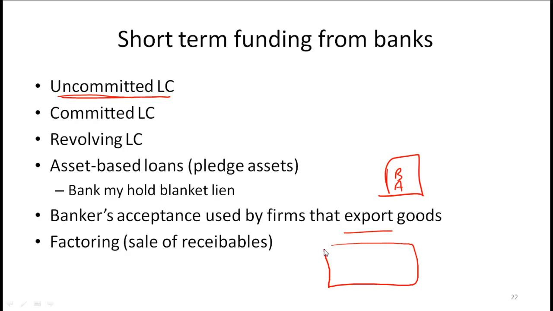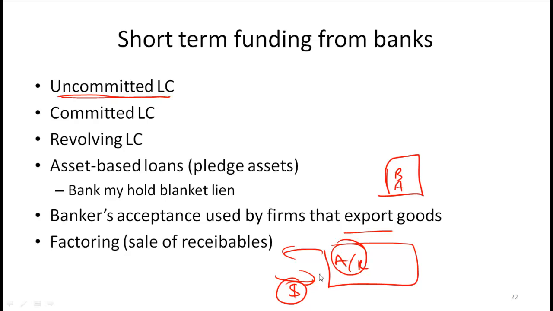Factoring means the sale of receivables. So a company with certain accounts receivable on the balance sheet might essentially sell the receivables and receive cash, though more typically this might be viewed as a financing transaction, because if the company retains the risk of not receiving these receivables, then essentially what the company has done is pledge the receivables as collateral and borrowed based on that collateral.